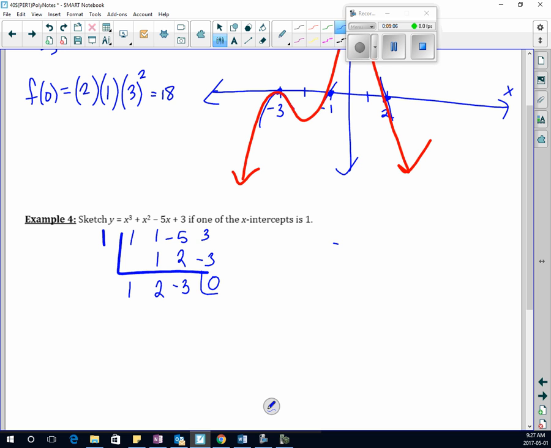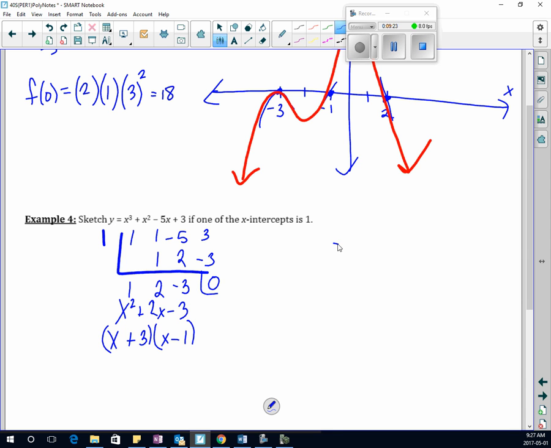Then we get a 0. So this represents x squared plus 2x minus 3. And that factors to be x what? x plus 3, x minus 1.